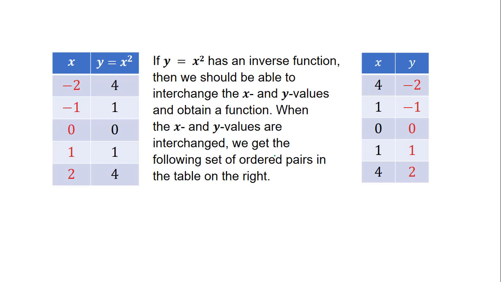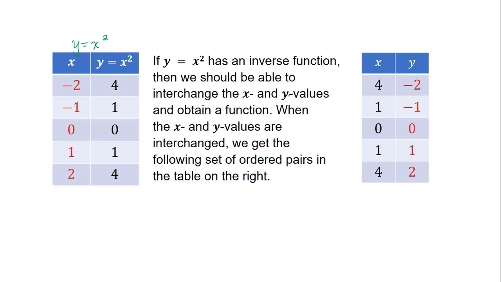So when the x and y values are interchanged, we get this following set of ordered pairs that I have in this table on the right. So on the left is the original table of values for y equals x squared. That is -2 corresponds to 4, -1, 1, 0, 0, 1, 1, and 2, 4.